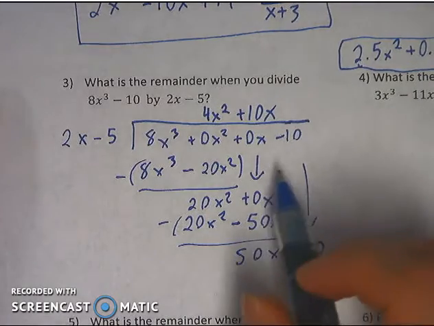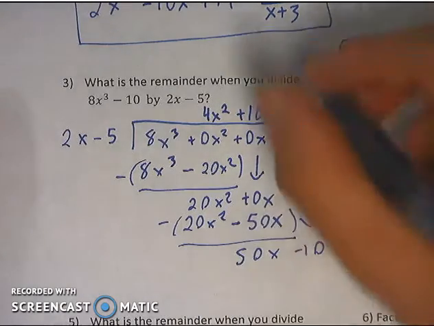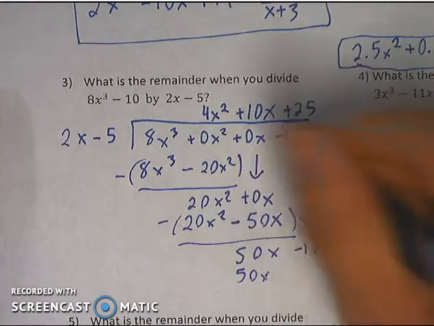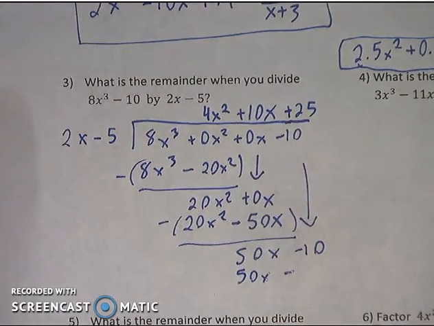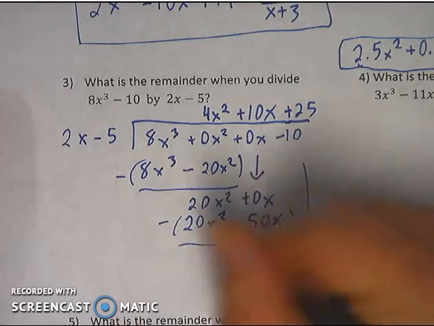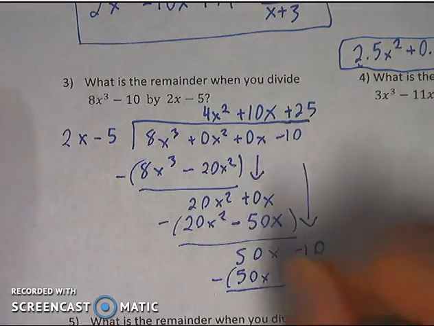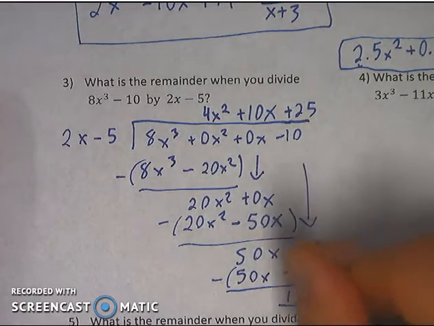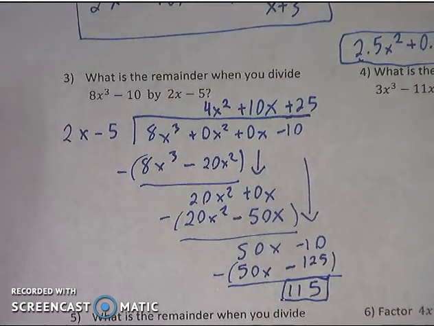And so now we're going to multiply by 25 to get 50x minus 5 times 25 is 125. Subtract those to get 115. Positive 115 as the remainder.